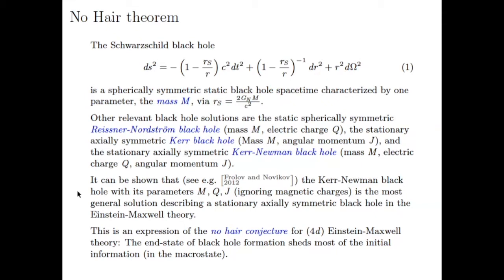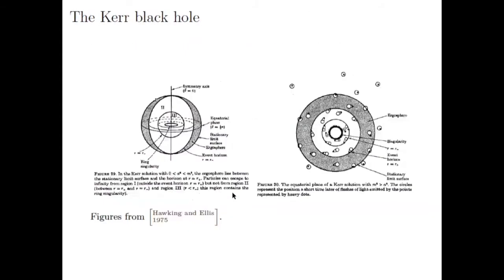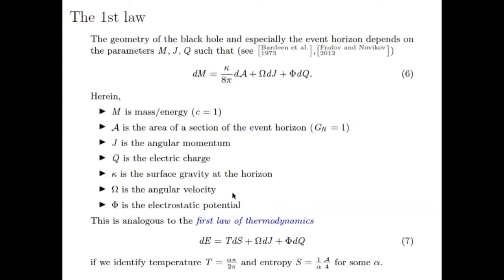The area of the event horizon is not independent of these, but you can actually show that the following law holds. If you change the mass, the angular momentum, and the charge by dm, dj, dq, then the change in the surface of the event horizon, the surface of the induced metric, obeys this formula.